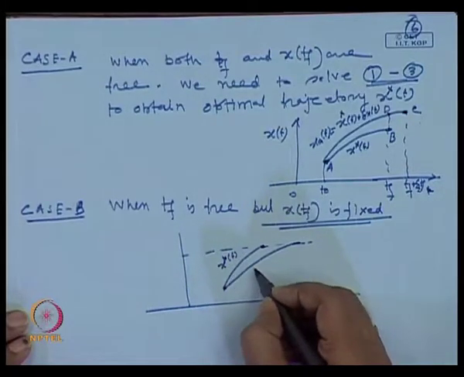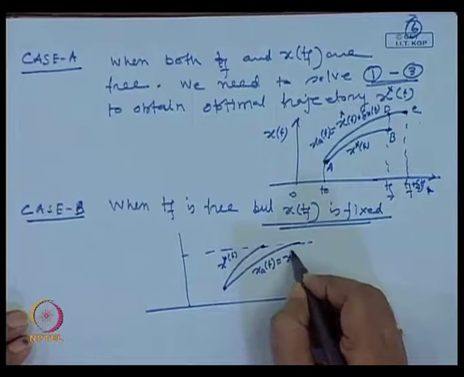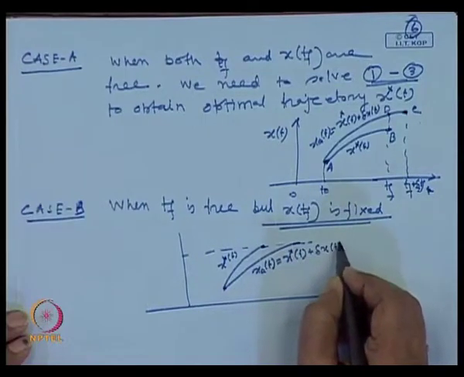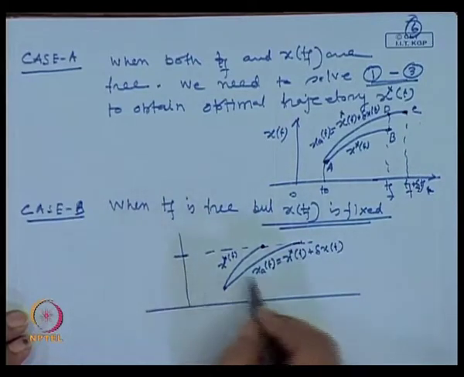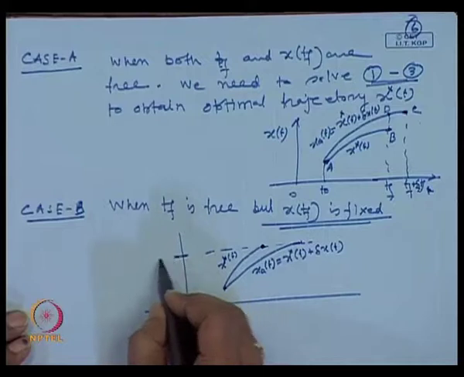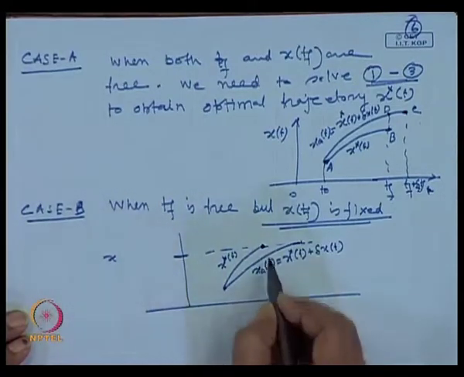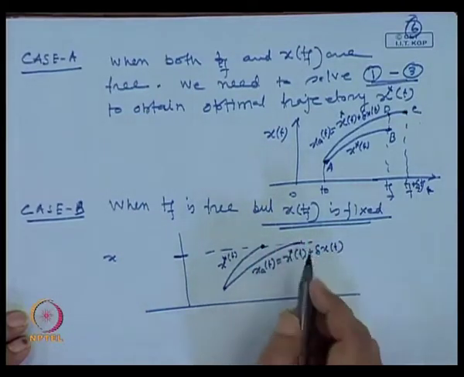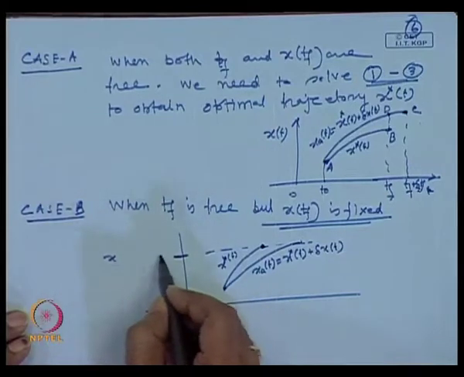Very close to this optimal trajectory there is another trajectory x of t equal to x star of t plus delta x of t. So, you see this is x of T f. This is fixed, that means x of T f is fixed.